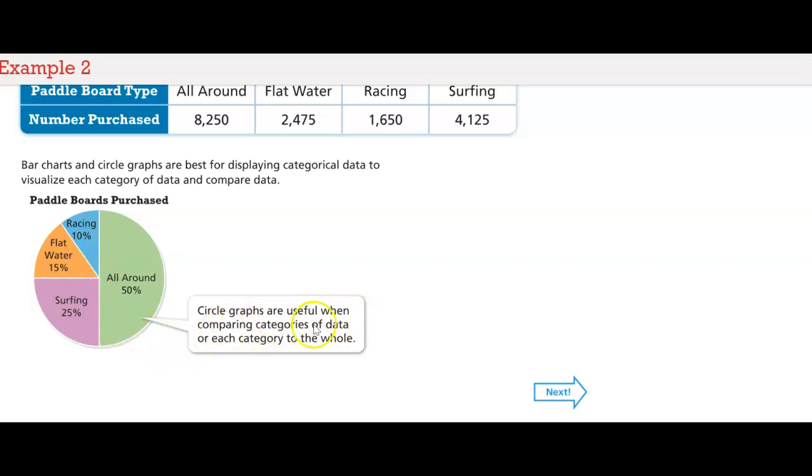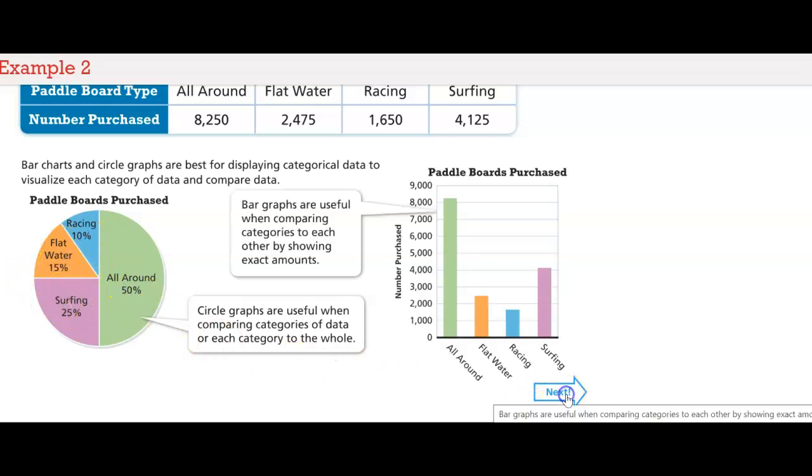It's useful when comparing categories of data or each category to the whole. So you have it broken apart, usually in different colors and percents. Bar graphs are also useful when comparing categories to each other by showing the exact amount. So each bar represents the exact number of the different types that were purchased, which is also an easy display of data to read.